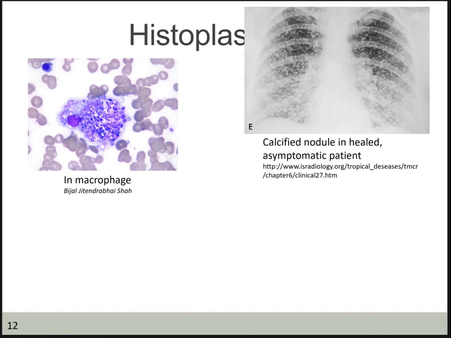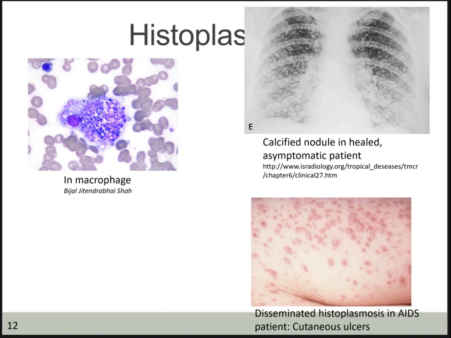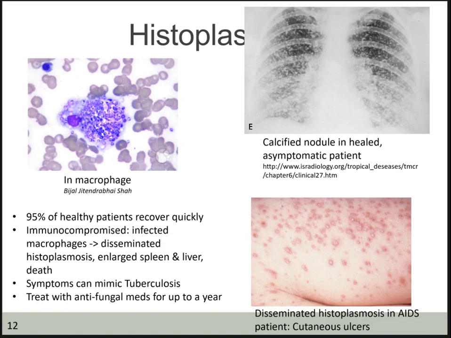And so even though all of these calcified nodules are in the lungs, they may not have prolonged symptoms. Disseminated histoplasmosis in an AIDS patient can look like this, where you have huge red bumps all over the patient's body. 95% of patients recover quickly.